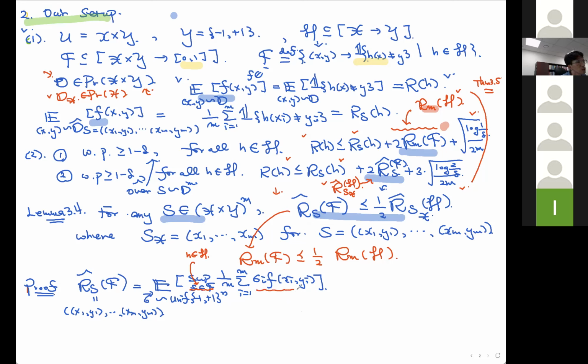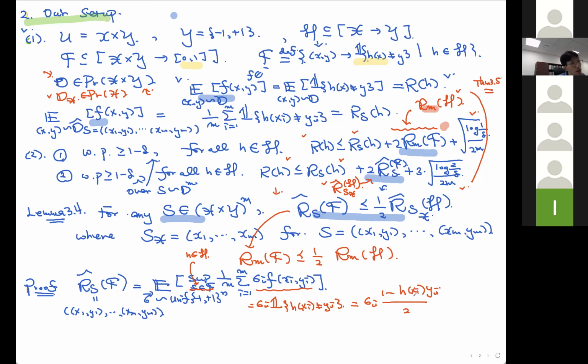This part can be replaced by sigma_i times the indicator that H of x_i is different from y_i. The key trick in the proof is that we write this indicator function as follows. Because H of x_i takes values +1 and -1, here's what you can do: it's (1 minus H of x_i times y_i) divided by 2.